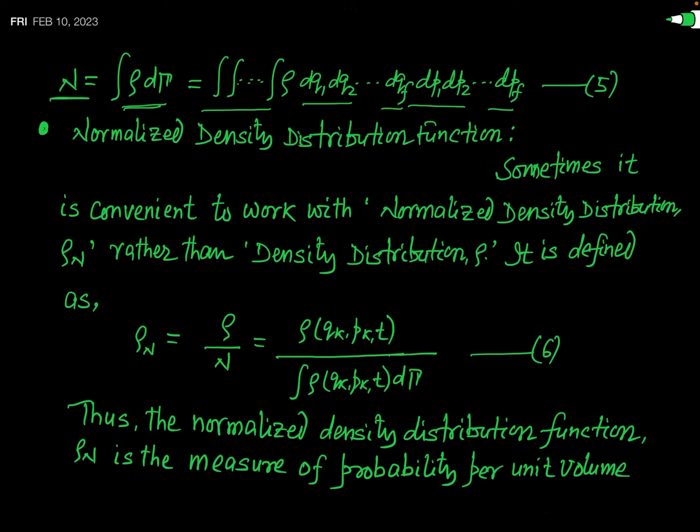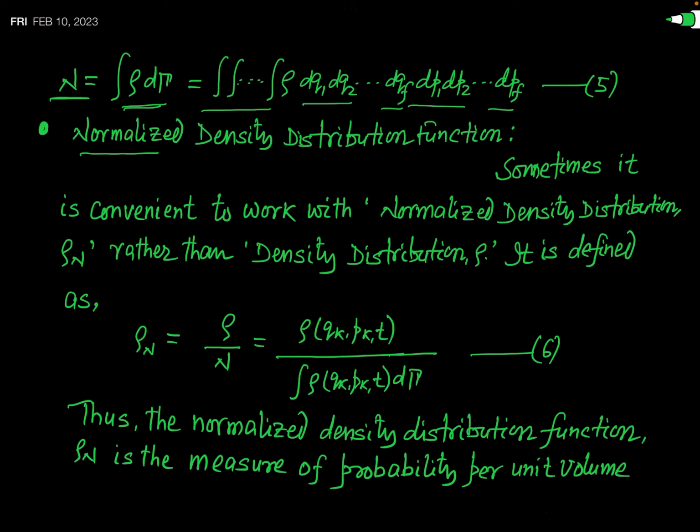Now you will find in the discussion in the forthcoming lectures of different concepts that there are several situations when we need another distribution function instead of this rho, and that other distribution function is called the normalized density distribution function.